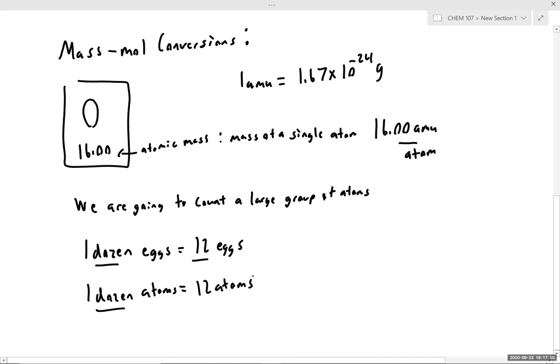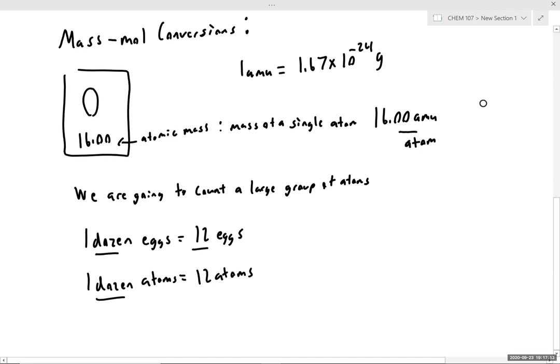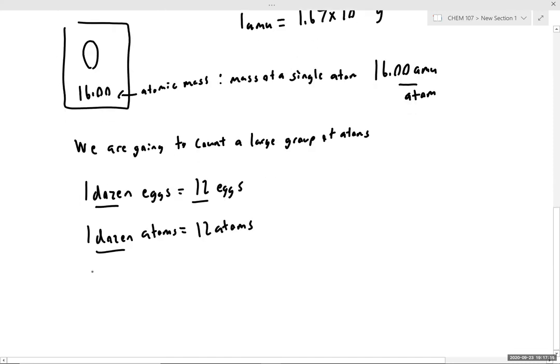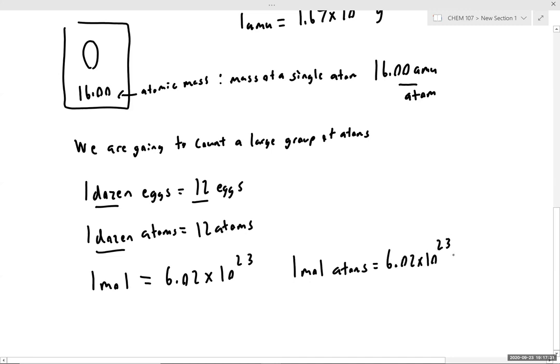Okay, so rather than a dozen, what we're going to do is count a mole of atoms. So 1 mole of something is 6.02 times 10 to the 23rd. So for example, a mole of atoms would be 6.02 times 10 to the 23rd atoms, just like a mole of eggs would be 6.02 times 10 to the 23rd eggs.